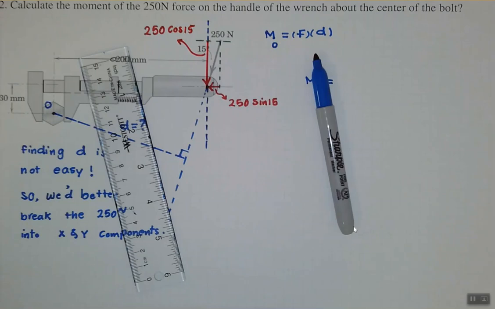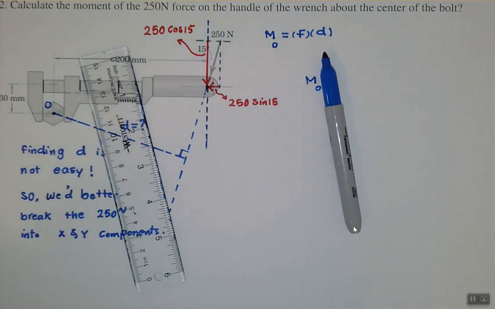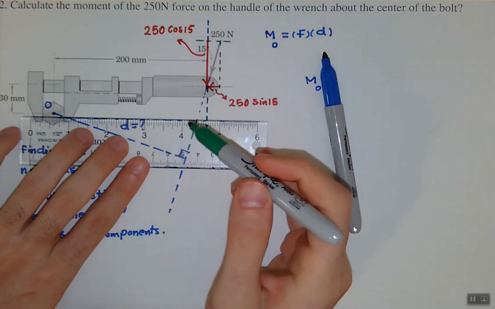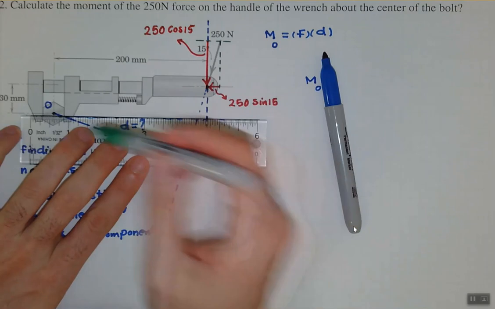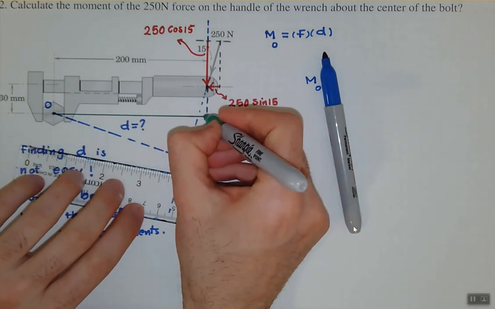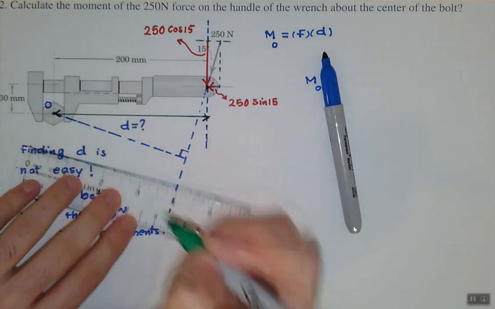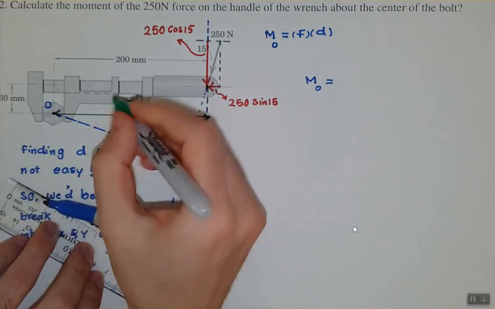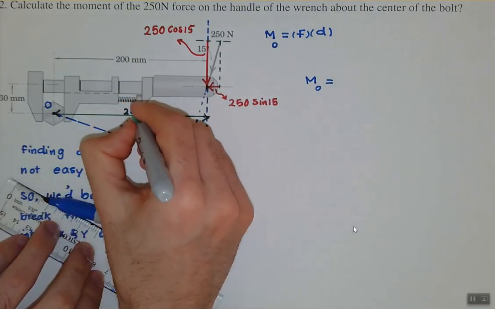And your goal is to find the perpendicular distance, right? The perpendicular distance from this point O to this line of action, this distance, which we know is 200 millimeters. So this distance is 200. It's easy.